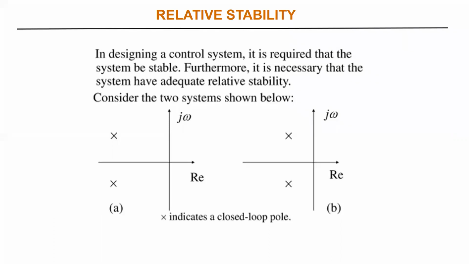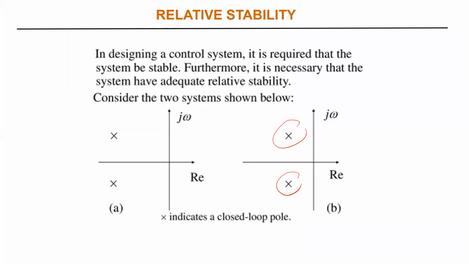Yes. Now the question is, before I relate it to the Nyquist, why do we worry that much about the poles being close to the j omega axis and there might be instability? Physically, how does that happen?